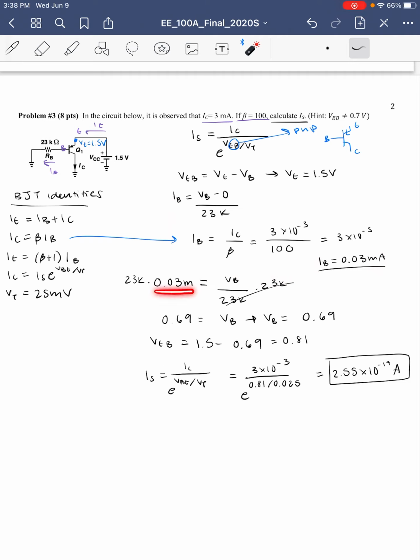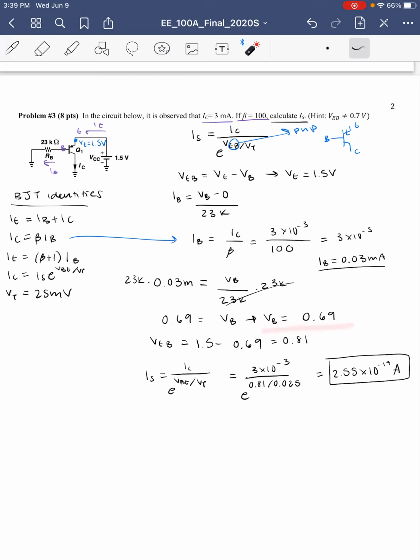We're going to get that 0.03 times 10 to the negative 3 is equal to VB divided by 23 times 10 to the 3. And then we can multiply both sides by 23k to cancel this out. And we're going to get that 0.69 is equal to VB.